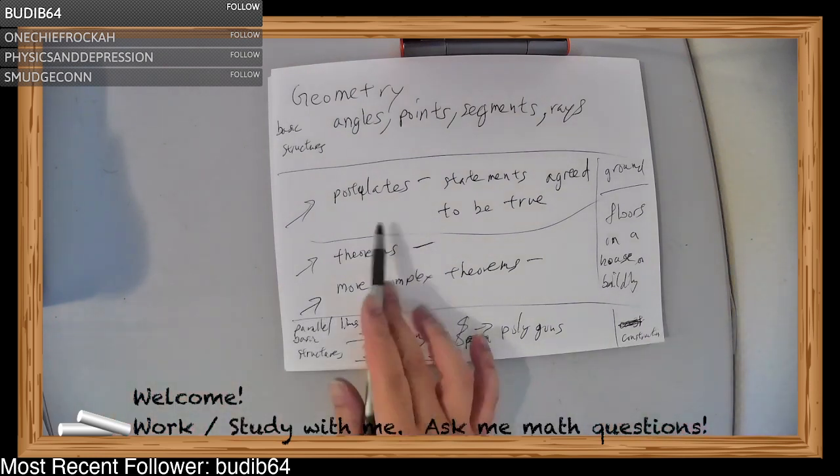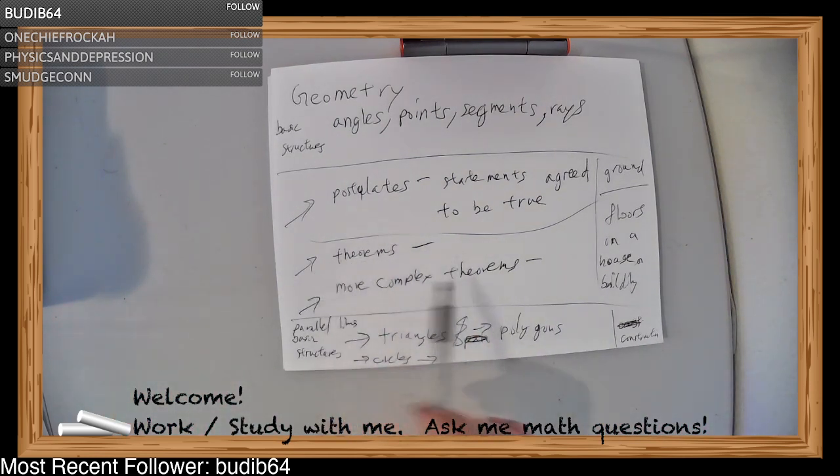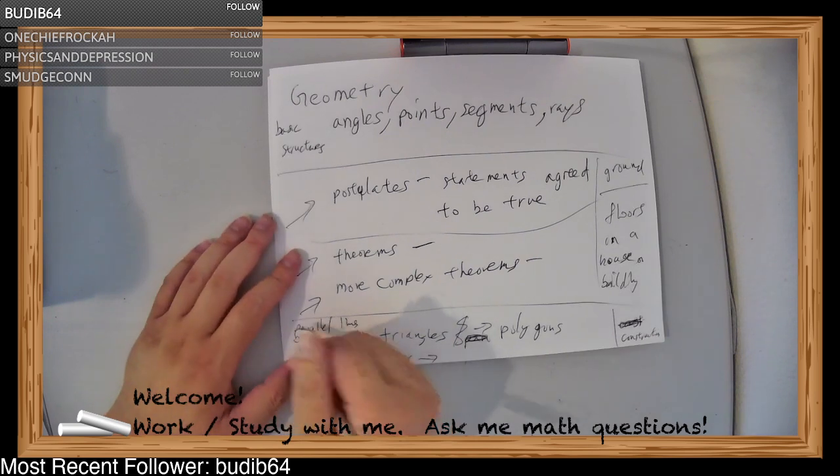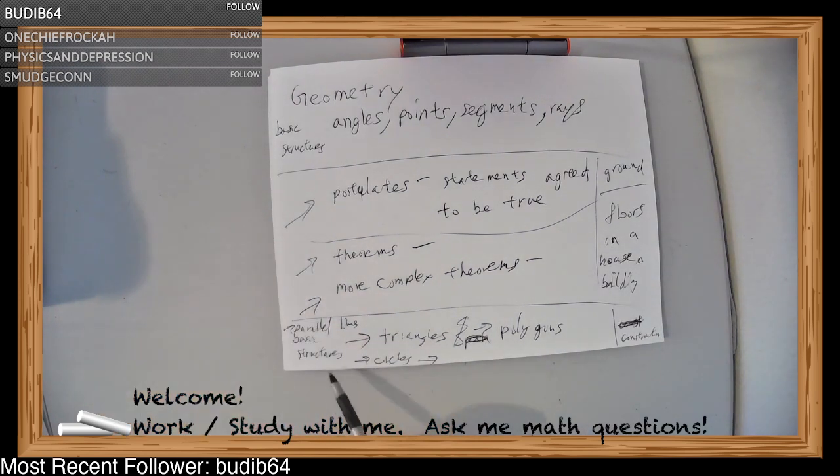But yeah, postulates, and then sort of levels of theorems, and parallel lines with your basic structures. Actually, maybe I should put parallel lines second. So yeah, this will be second. Basic structures, angles, points, segments, rays. A little bit about parallel lines, and then we go to triangles-ish. And then we go to polygons. And then there's a little offshoot for circles, for the chords, theorems, and tangent theorems and stuff like that.